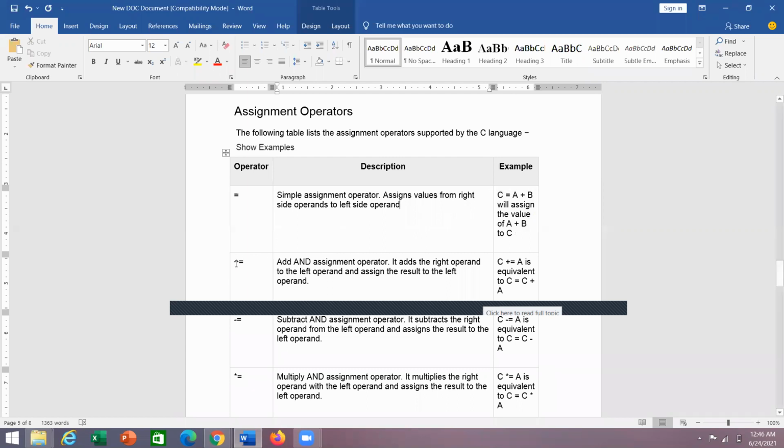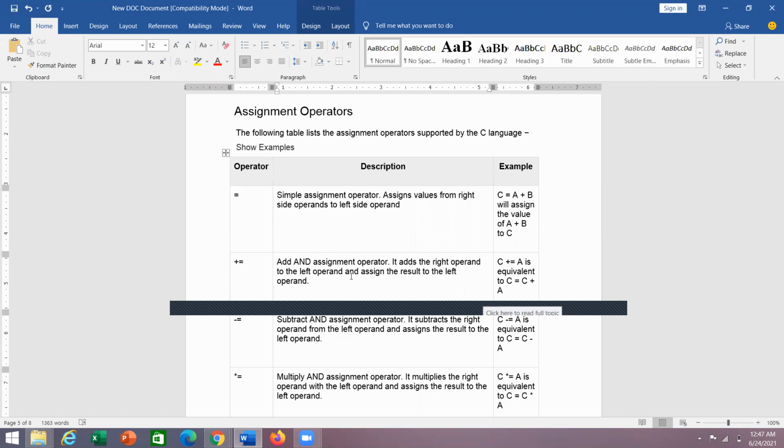And here plus equals is the add and assignment operator. It adds the right operand to the left operand and assigns the result to the left operand.